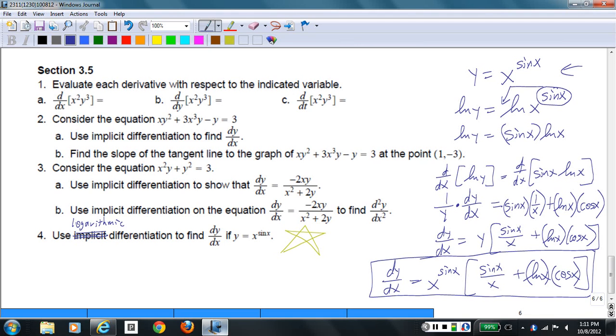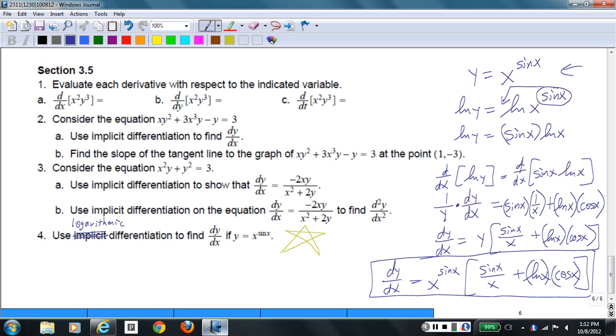I'm not going to ask you to find the second derivative using implicit differentiation. 3b, if you took time to practice that, I think it was good. It enriched your intellect, but don't look for that on the test.